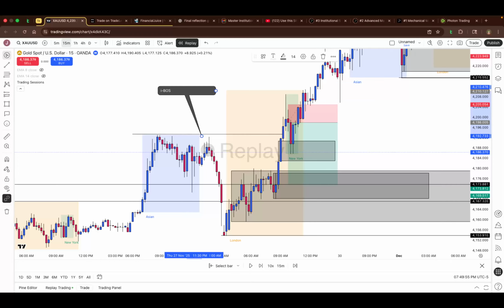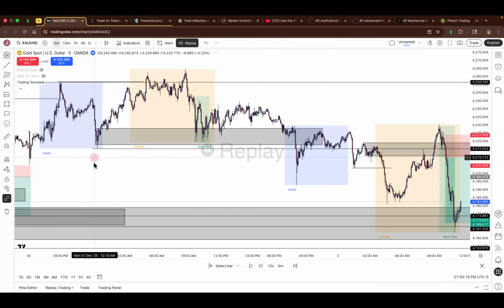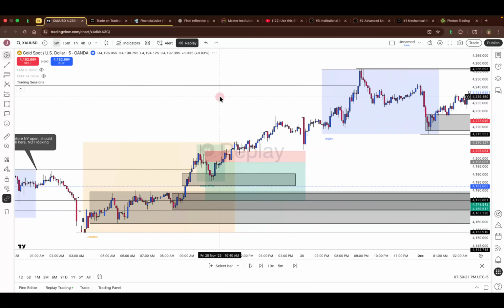Internal breaker structure. This is an F trade. Like on the rating, it's an F. The trade just doesn't align with market structure whatsoever.